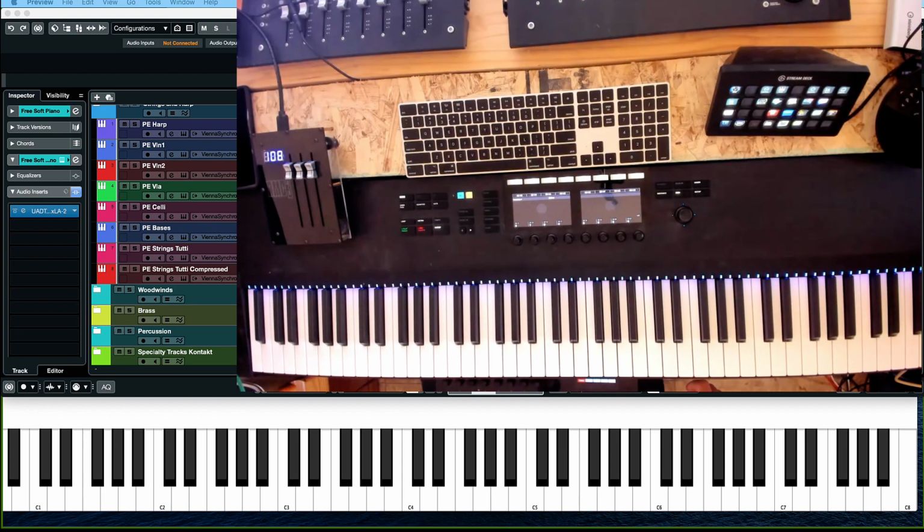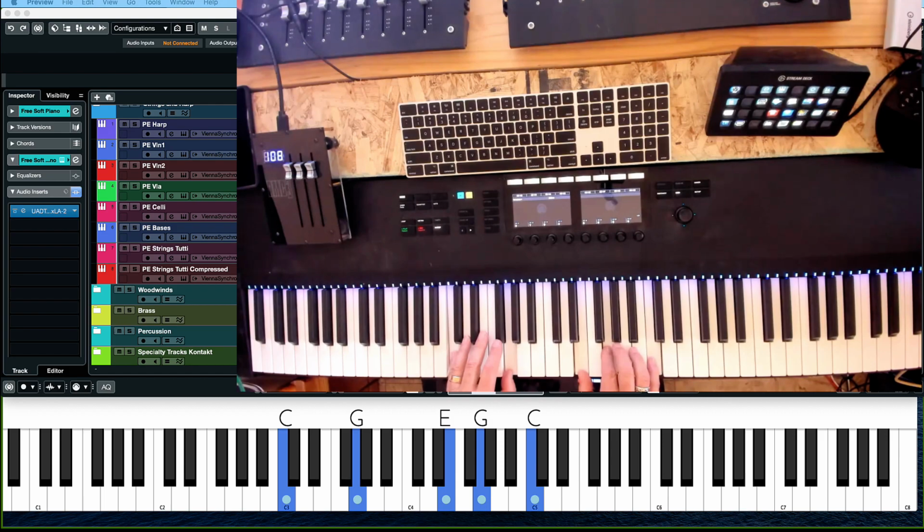So why is this important? Because, for example, if I play a C chord, so I'll play the notes of a C chord. So there's the first, the third, the fifth, the first again.